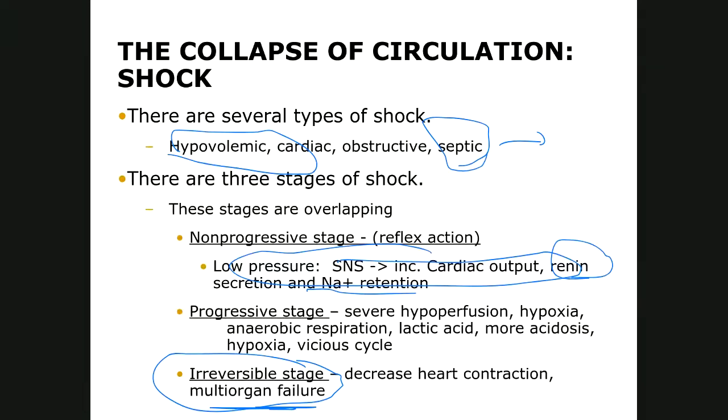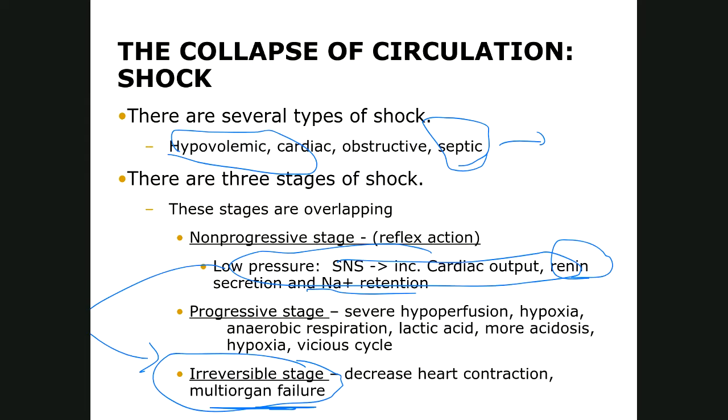Now, if all of these occur and it's somewhat correcting, we already know the consequence. If it doesn't, it leads to this stage, and then of course, if it doesn't, it gets into the progressive stage. It's in between, and the cells are barely surviving.